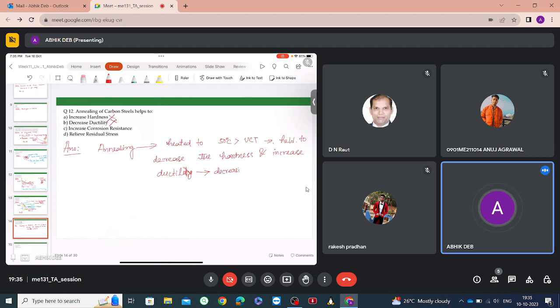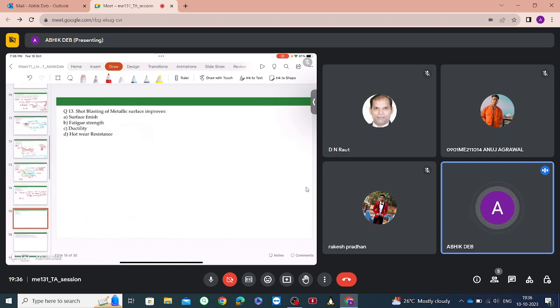So annealing is done to decrease the hardness, to increase the ductility, and to decrease the residual stresses. From the options given, the correct option is relieving residual stress.